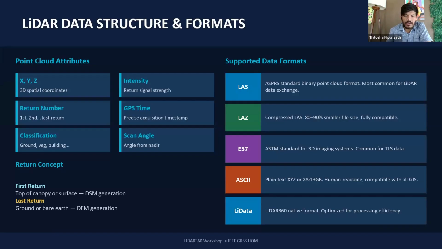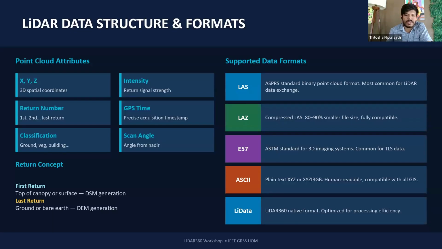And when it comes to supported formats, here you can see formats like LAS and LAZ and E57. These are 3D imaging system oriented data. E57 is like a common standard 3D geospatial format for TLS. LAZ is a compressed LAS file, and LAS is the standard format for LiDAR data.